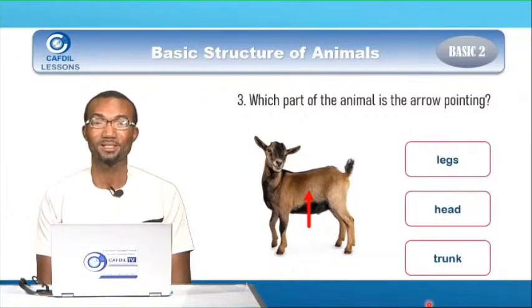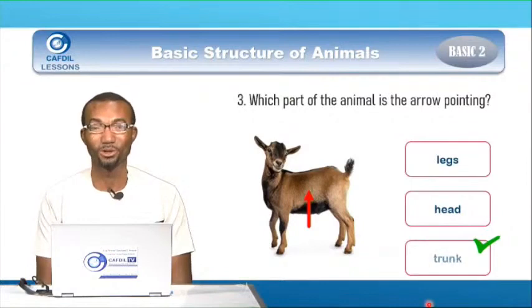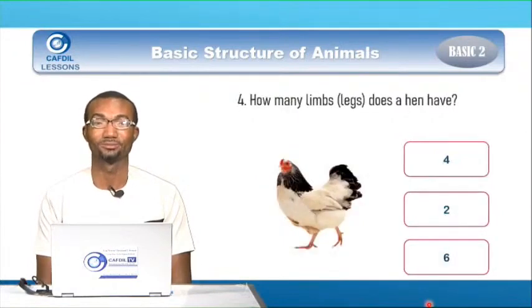3. Which part of the animal is the arrow pointing to? So you see the red arrow. Where is it pointing? Is it the leg, the head, or the trunk? Good. Trunk. So this part of the animal where the red arrow is pointing is called the trunk. 4. How many legs or limbs does a hen have?